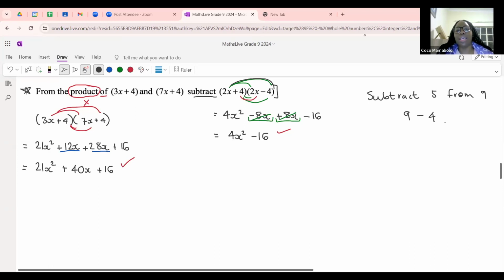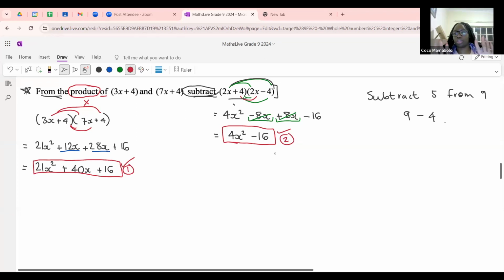So in this case, they say subtract this from the product of those. So what they want us to do is to subtract this from that. So which one comes first? Expression 1 or expression 2? 1, correct. So we're going to take expression 1 minus expression 2.